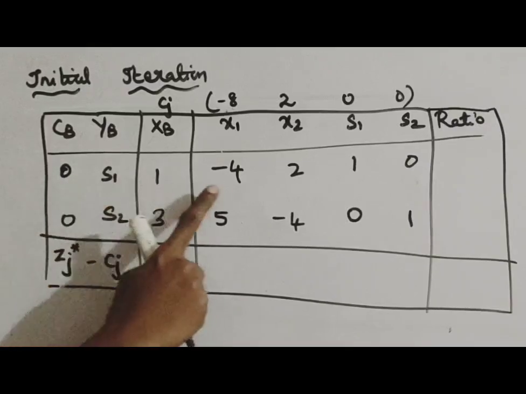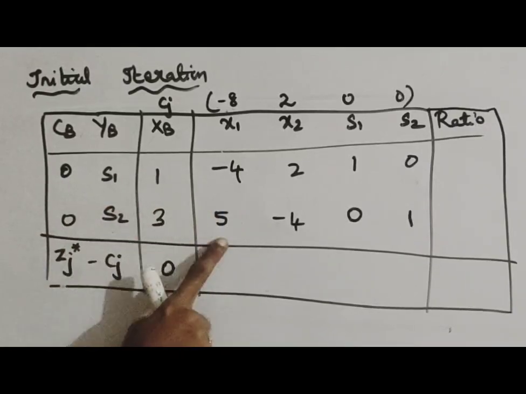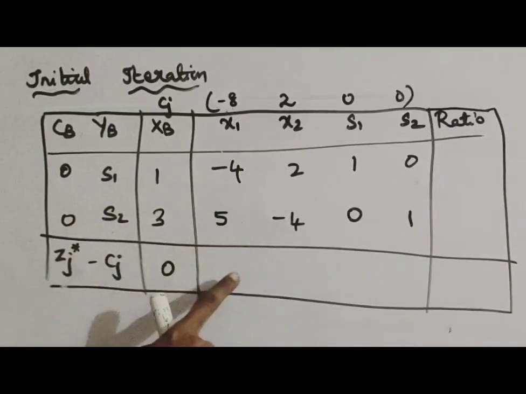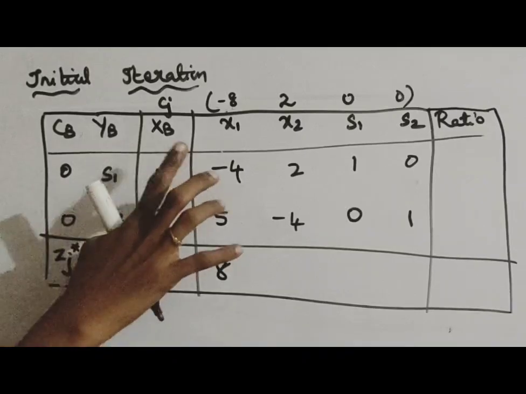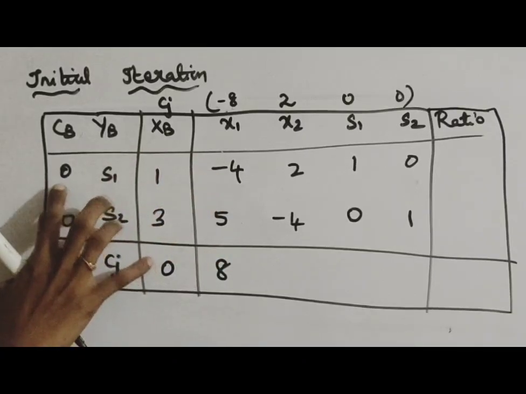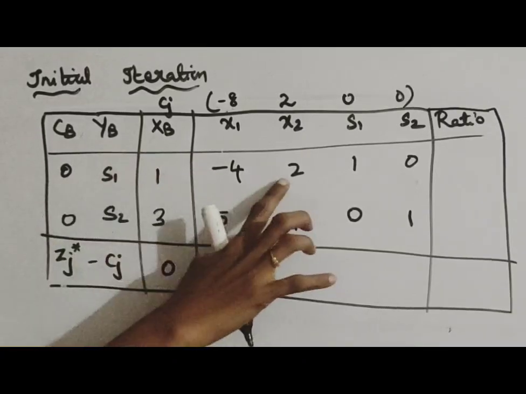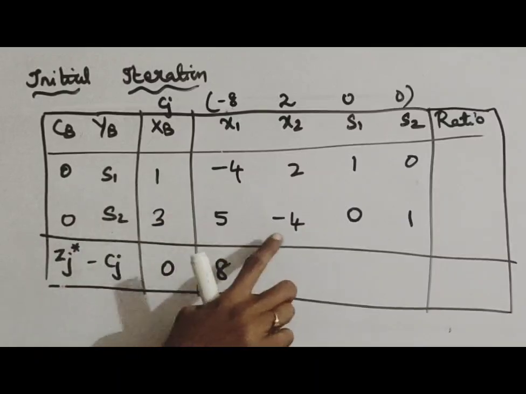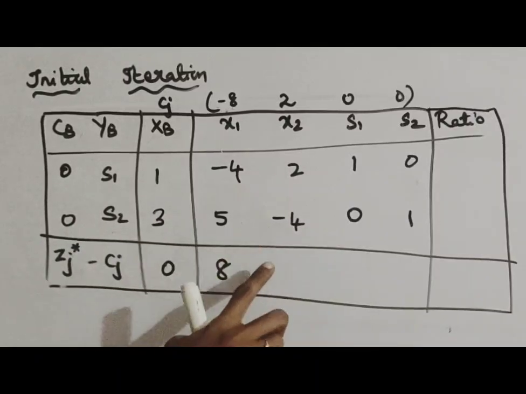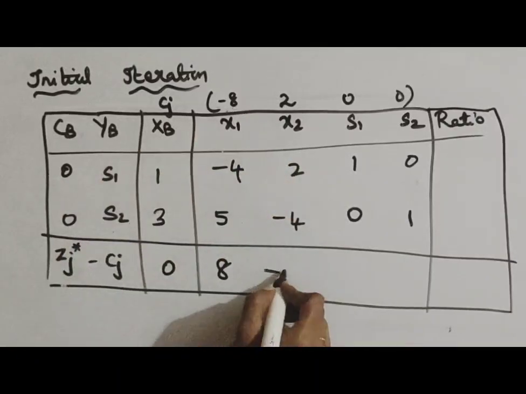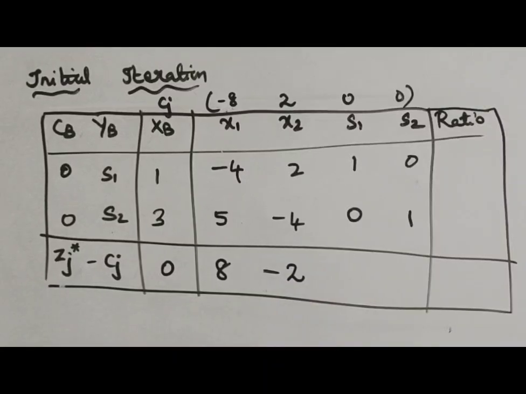Again 0 into -4 is 0, plus 0 into 5 is 0, minus -8, that is plus 8. Therefore, the Zj* - Cj value is 8 for the variable x1. And for the variable x2, 0 into 2 is 0, plus 0 into -4 is 0, minus 2. Therefore, the value is -2.